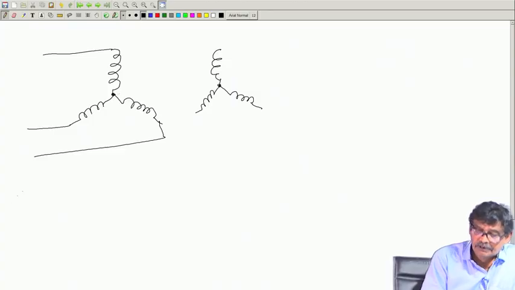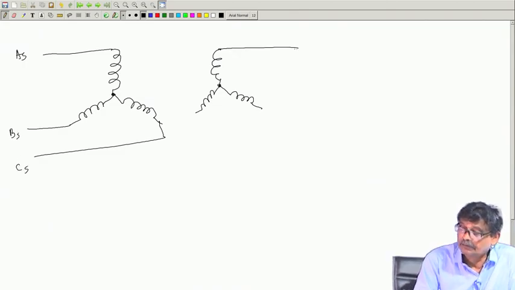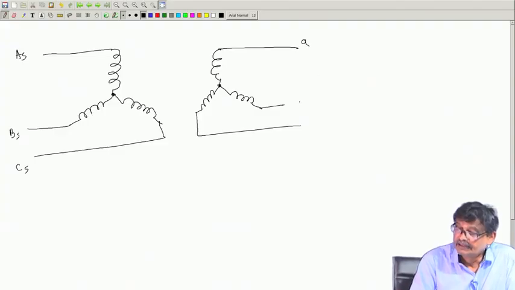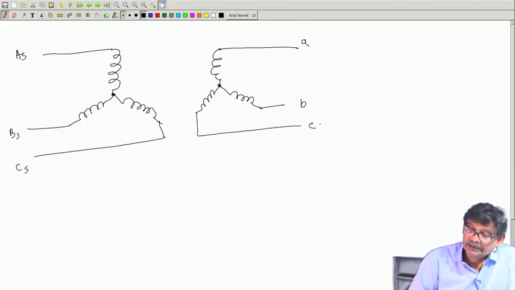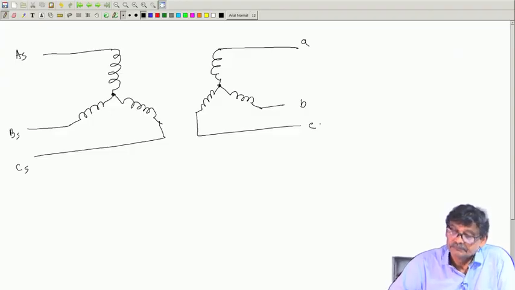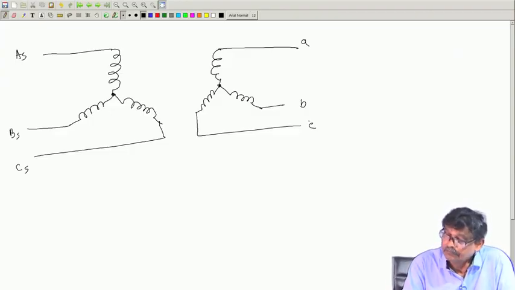It is not a member of the supply neutral. So, this is your AS, suppose BS, CS, and here is your load terminal A, B, C say, or better you call this B, this C.